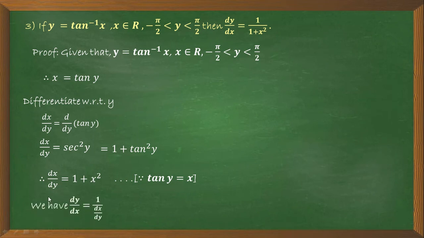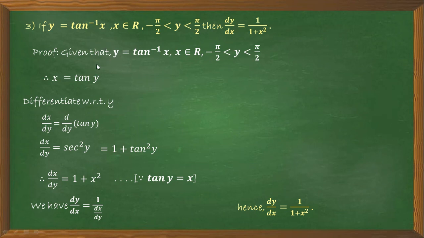Now again by that theorem, dy by dx is equal to 1 upon dx by dy, and hence dy by dx is equal to 1 upon 1 plus x square. This is the derivative of tan inverse x. So in this lecture we have studied the derivatives of sin inverse x, cos inverse x, and tan inverse x.